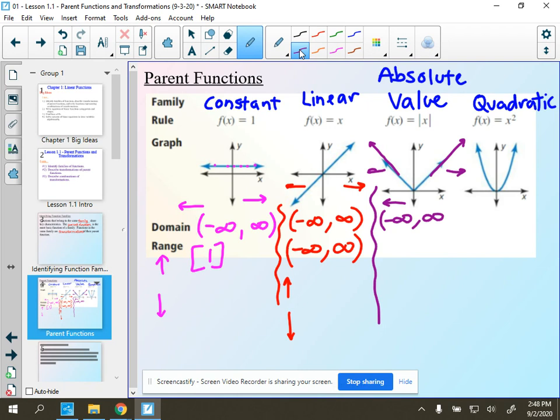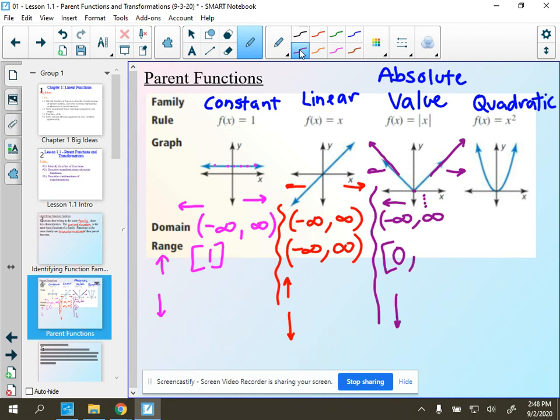Range also is different than the first two. When I talk about the smallest y value of this graph, it's going down. It stops when the y value is 0. That's the smallest. There are no negative values for this function.